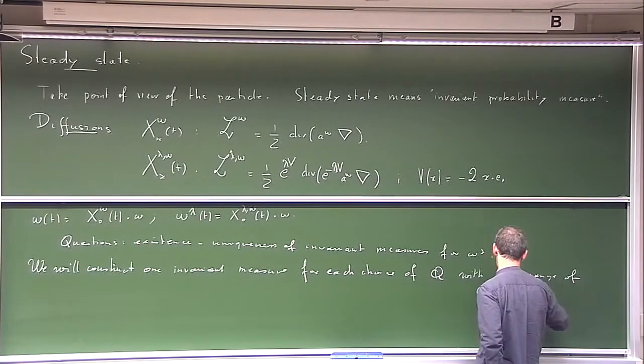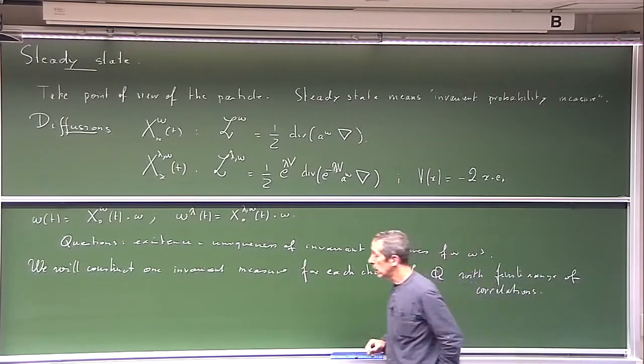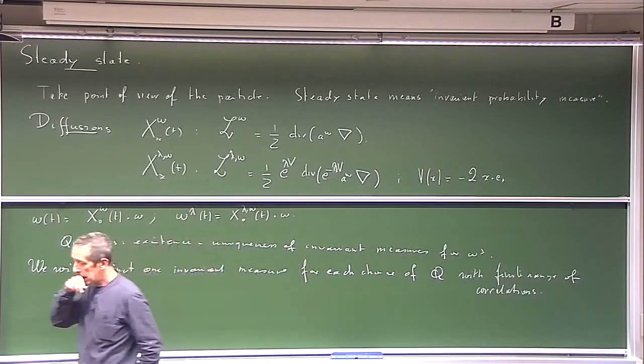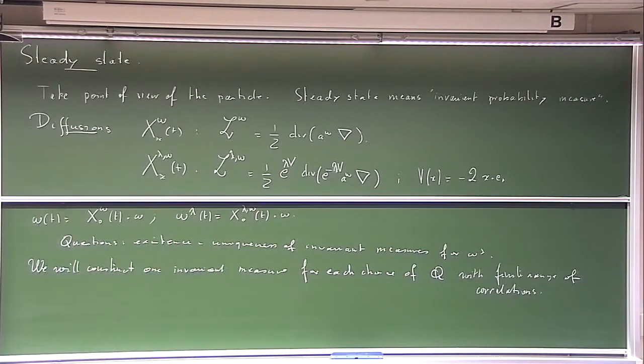And this is not the whole family. So the first thing we should do is select, among all the invariant measures of ω^λ, the one which we will call the steady state.